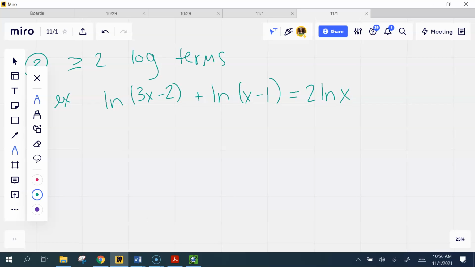But it still holds all the log properties. What I want to do is get all the logs together on the same side before I even start.